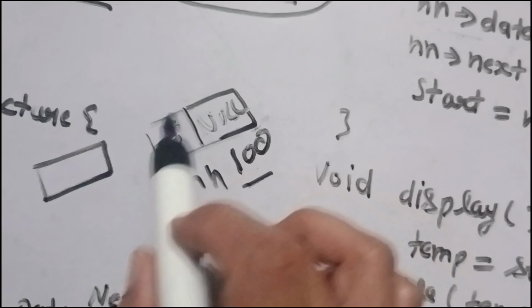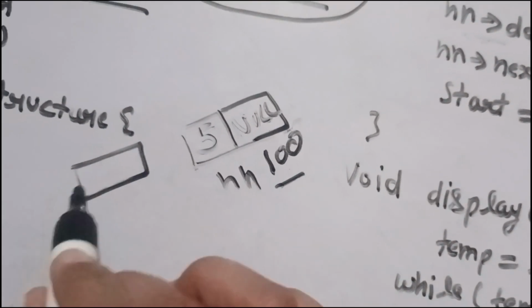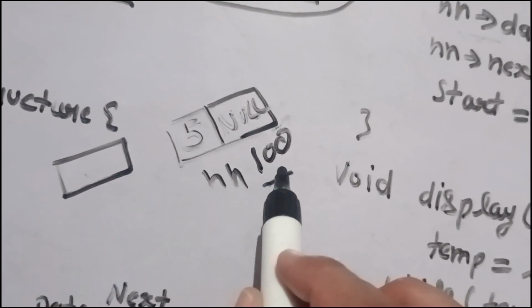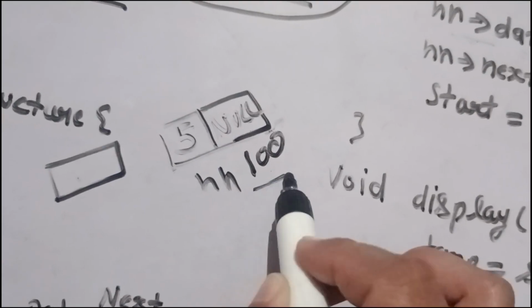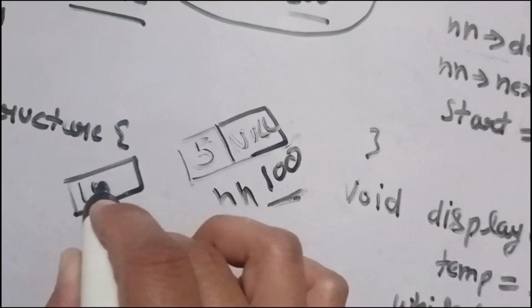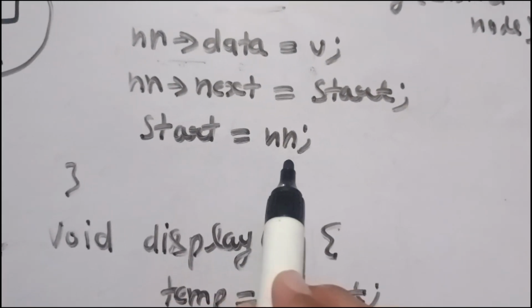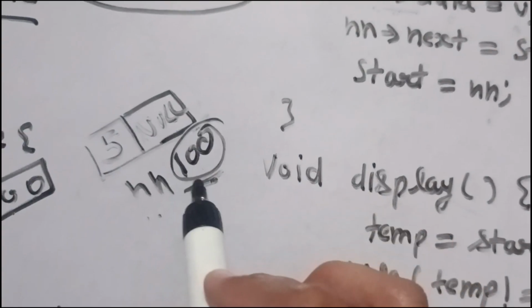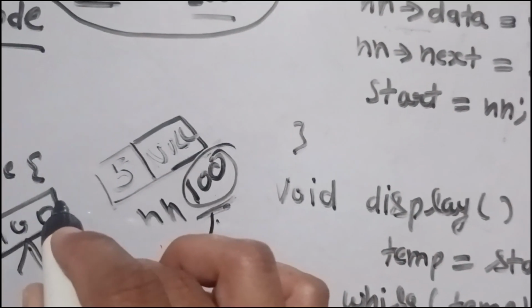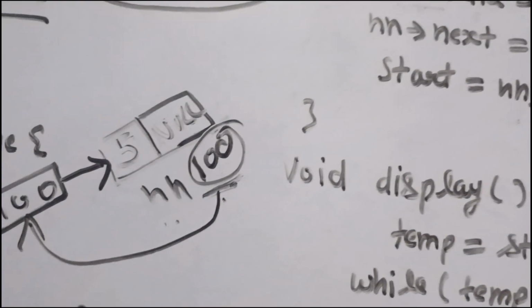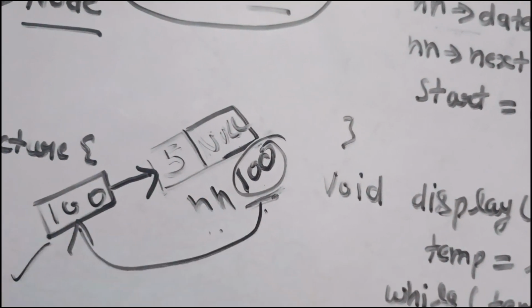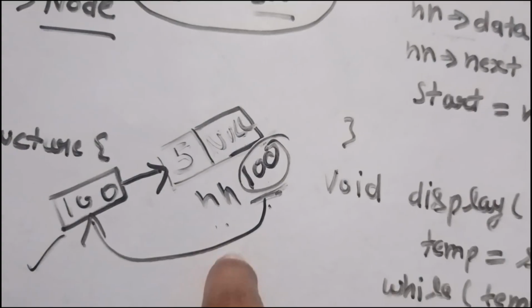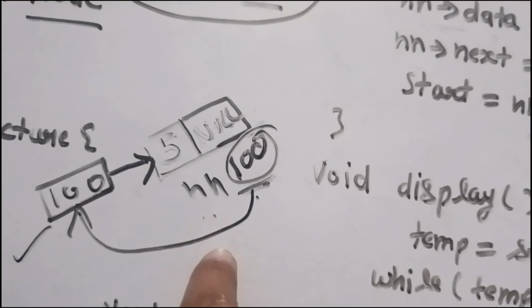Now our node has all the values, but start is going to store the address of this node, which is 100. So 100 should be here. To put 100 here, we have to write start is equal to nn. That means the address of nn, which is 100, is going to be here. So when we write this line, our start is going to connect with the first node. So this is how we insert a node in our linked list at the beginning.